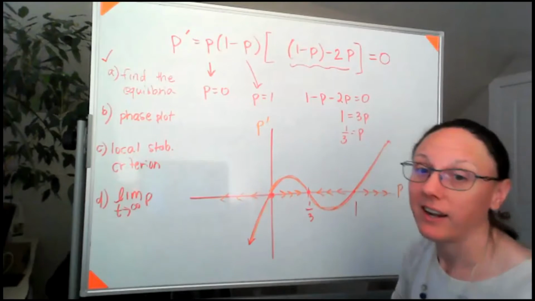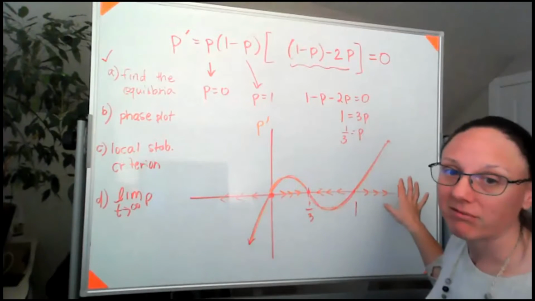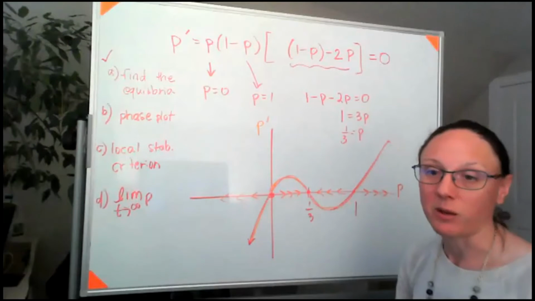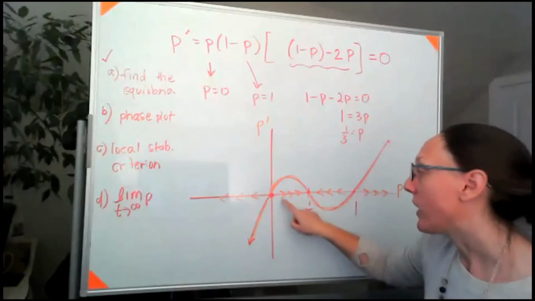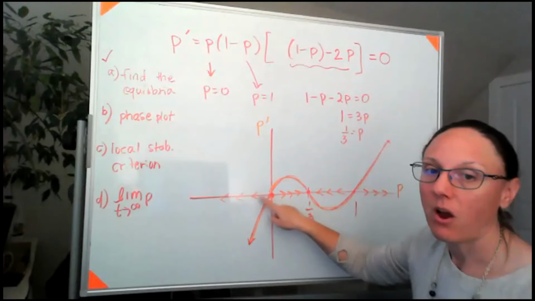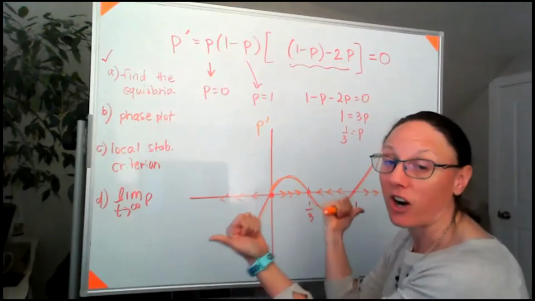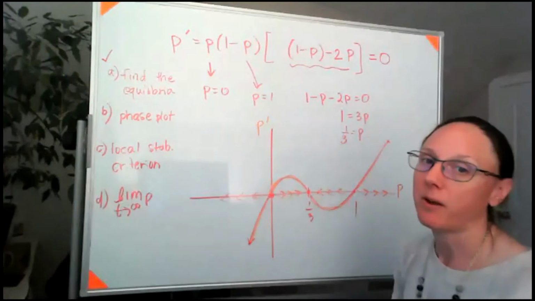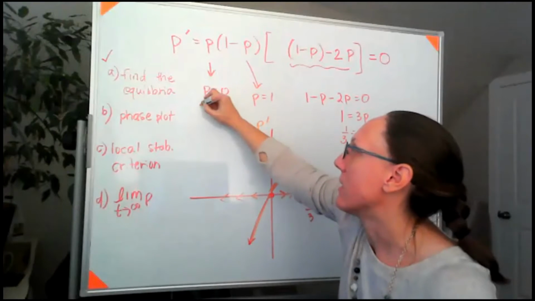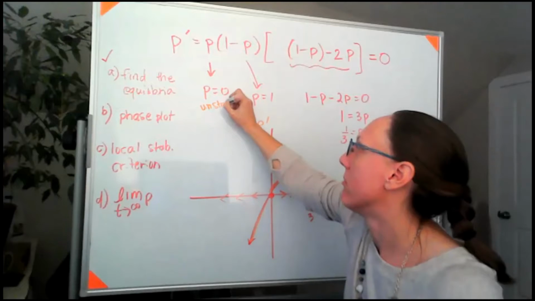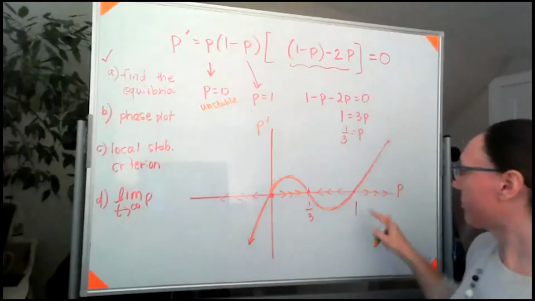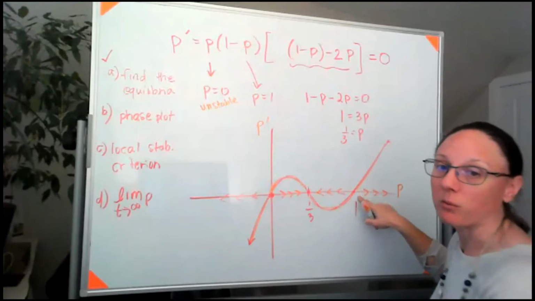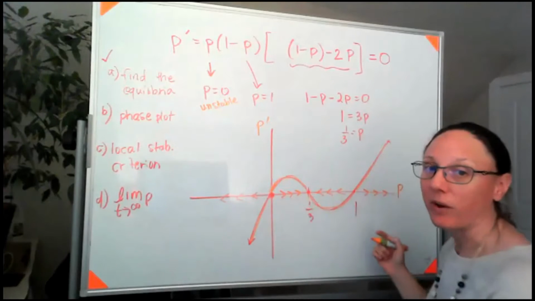So I've got my phase plot, and now I can say something about the stability. For the equilibrium of 0, all of the arrows on my phase plot are heading away from it, which means 0 is an unstable equilibrium. So 0 is unstable. 1 is also a place where all of my arrows are heading away from it.